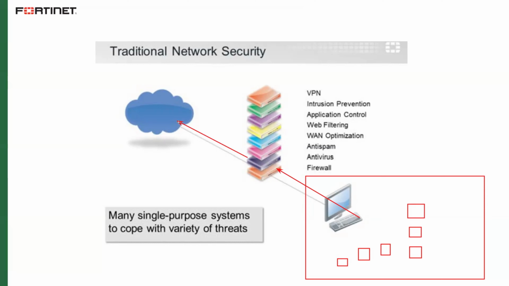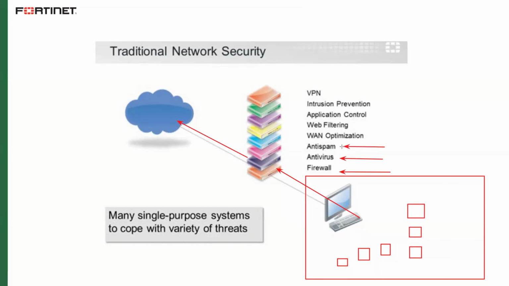Now understand, in a traditional network, meaning old network technology, we had multiple devices through which we had to pass our traffic. Earlier we had a firewall for traffic filtering. We had antivirus for filtering the viruses coming to our network.